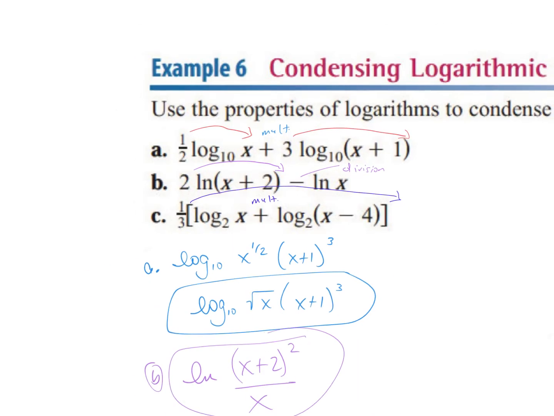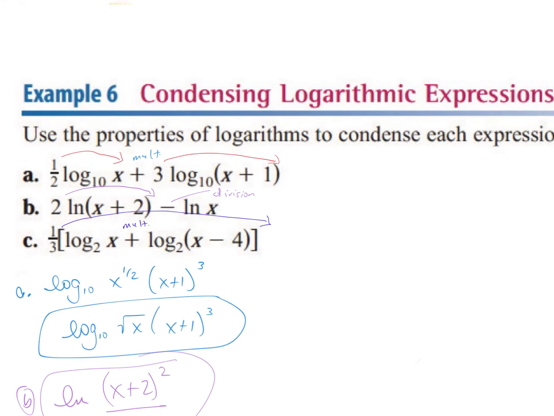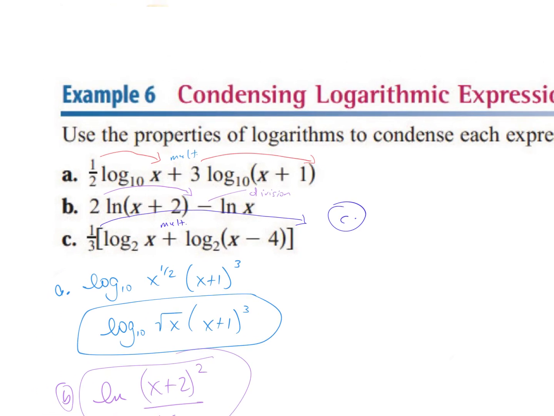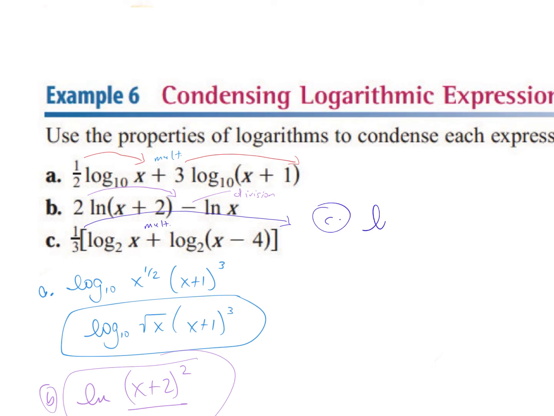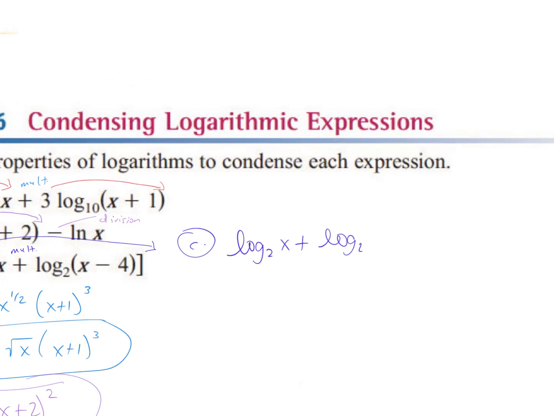All right, so I'm going to do this in a couple steps here, just to make sure we can see this okay. So here's C. I'm going to rewrite this as log 2 of x plus log 2 of x minus 4, all raised to what? The 1/3 power. So I know at the end, I'm going to do what to that whole thing? I'm going to take the cube root, okay?